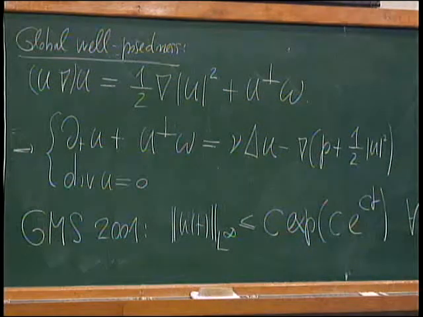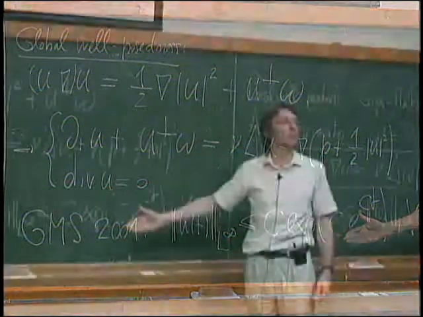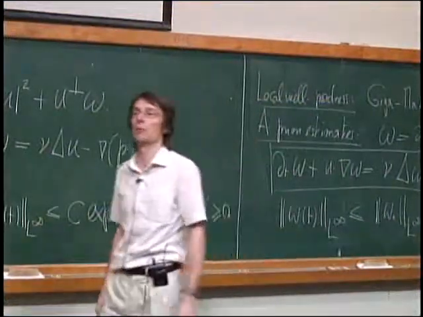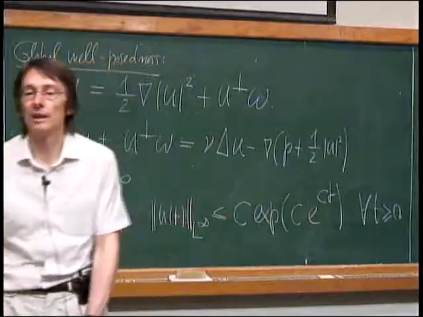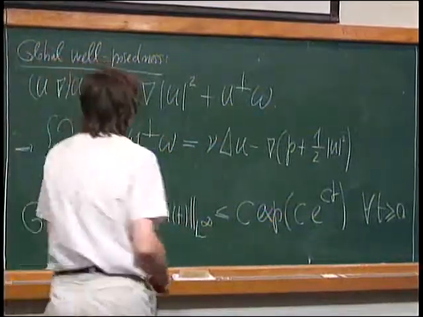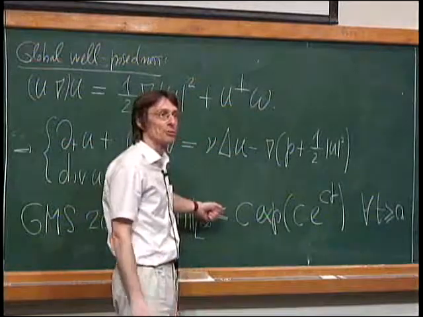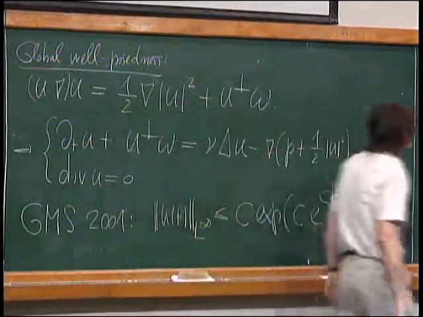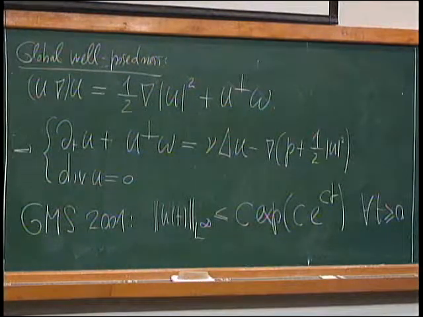The constant here depends on the initial data in a way I don't want to specify. So double exponential growth, which certainly prevents blow-up in finite time, but looks a little bit pessimistic. I mean, probably difficult to construct a solution for which this is sharp. In fact, it's impossible because it can be improved.